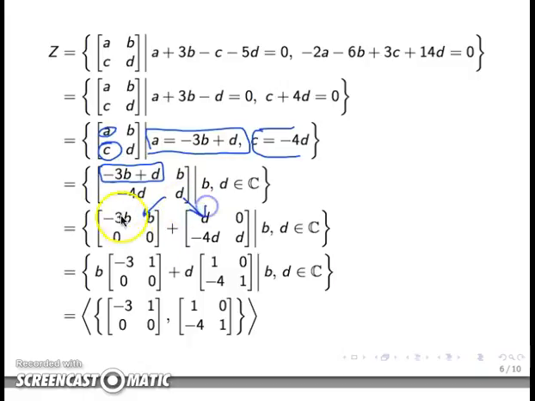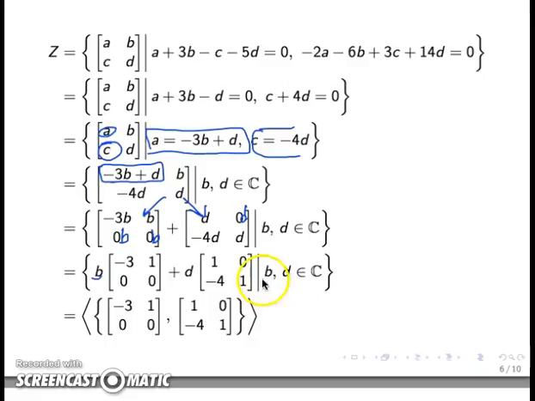as the sum of two matrices, each of them with 2 rows and 2 columns, such that the first matrix is all in terms of B. You can think of this as 0B and 0B on the second row, and the other matrix also in terms of the other free variable. You can think of this as 0D, which means that we have B times this matrix, minus 3, 0, 1, 0, and D times the matrix 1, minus 4, 0, 1.